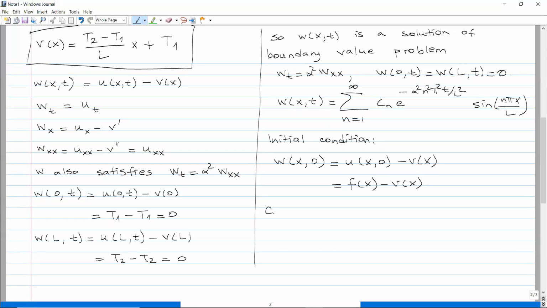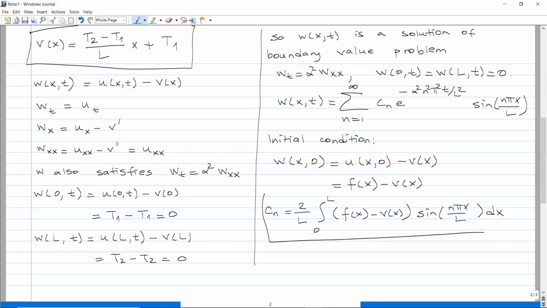So the constants C_n are given by 2 over L times the integral from 0 to L of f minus v(x), times sine of n pi x over L, dx.